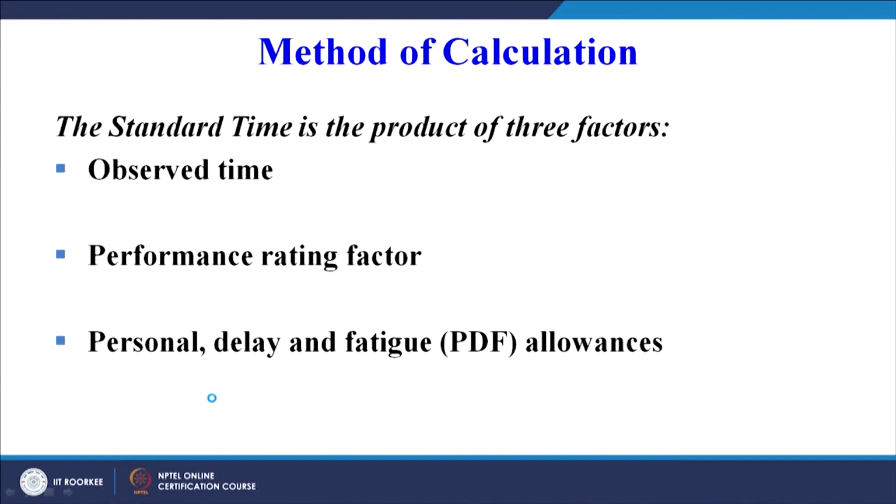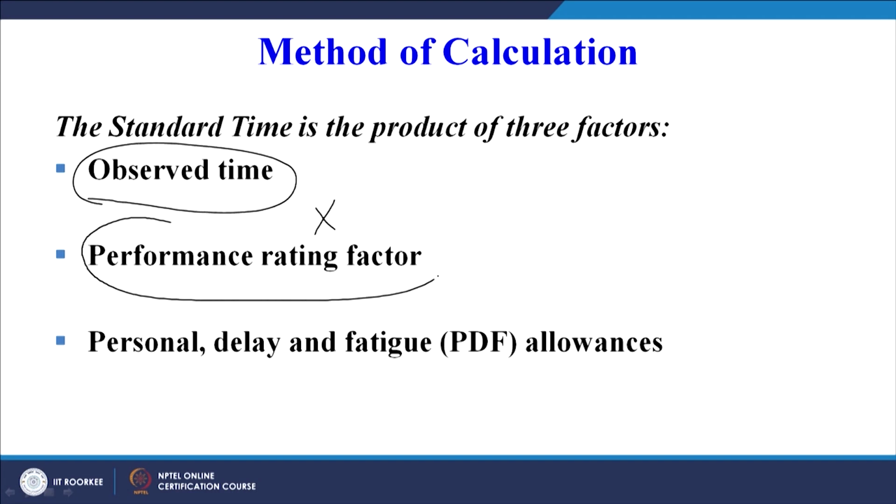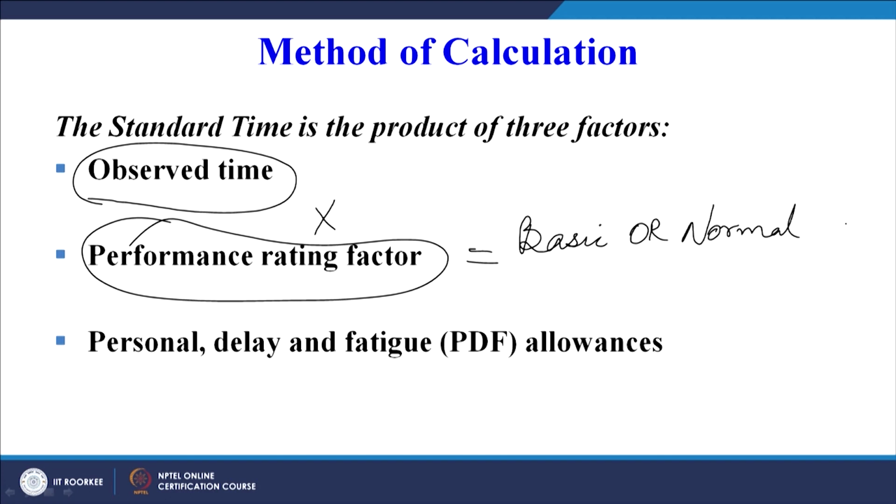Now let us see the method of calculation. The standard time is the product of three factors. What are the three factors? The observed time, when multiplied by the performance rating factor, gives us the basic time, or other authors may use the term normal time.